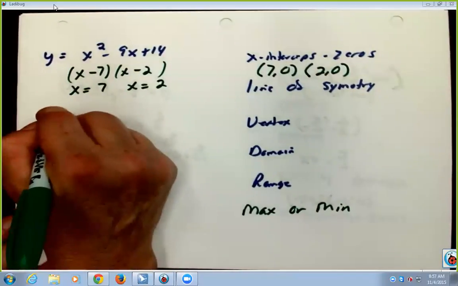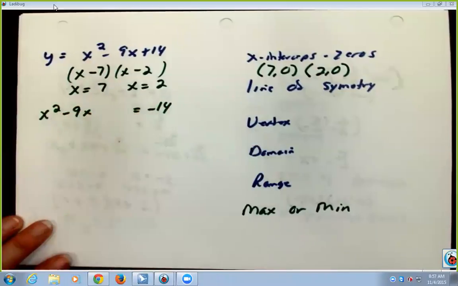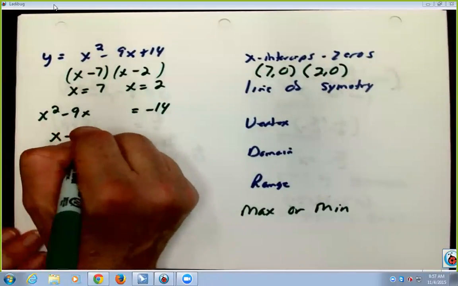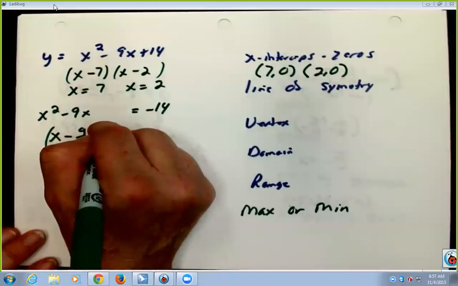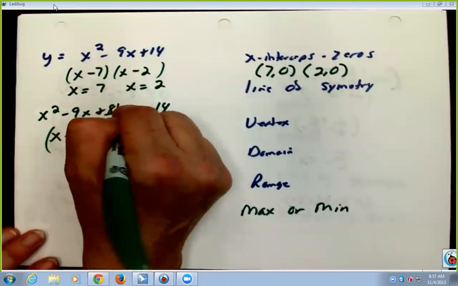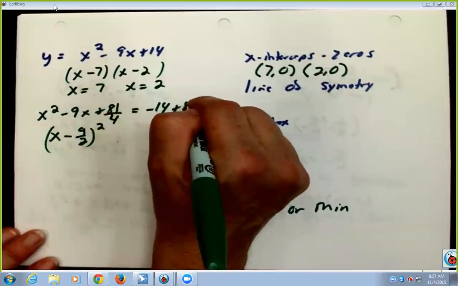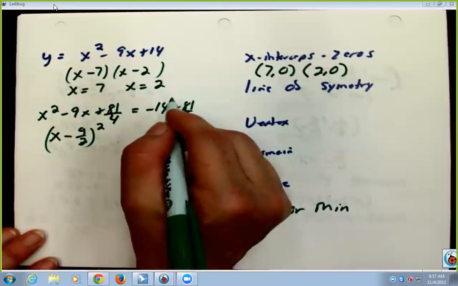So now I'm going to take x squared minus 9x equals negative 14. So I'm going to move the 14 over. Half of 9 is 9 over 2, squared. Turn 14 into fourths.